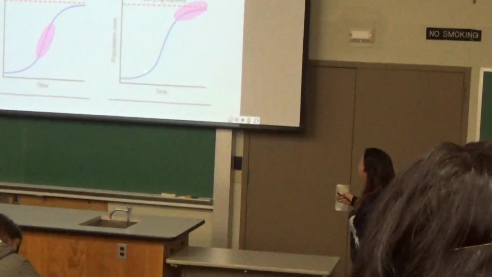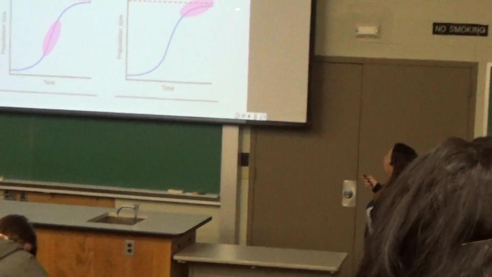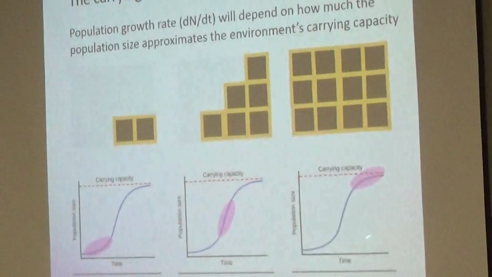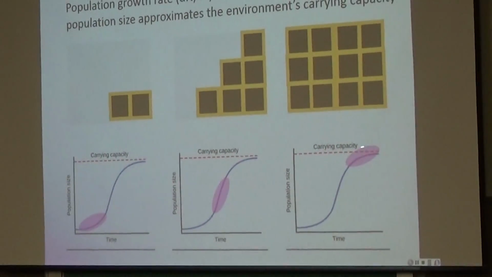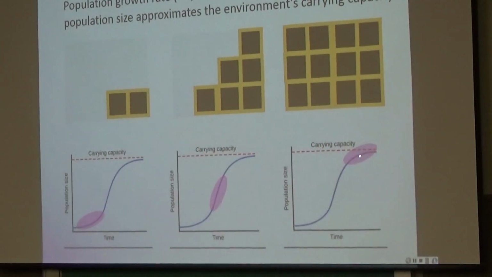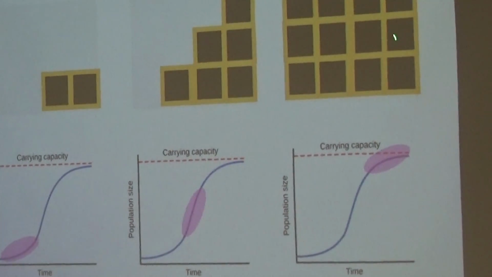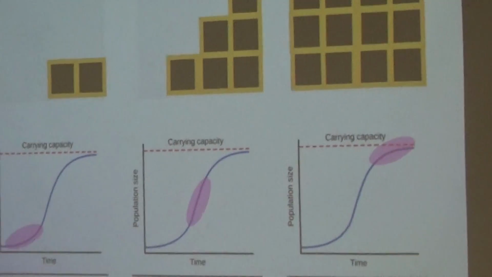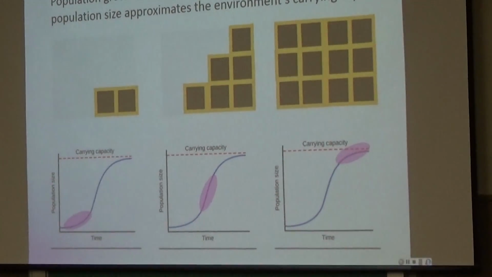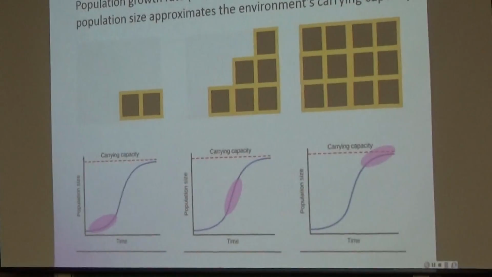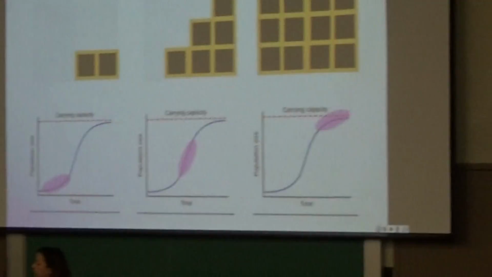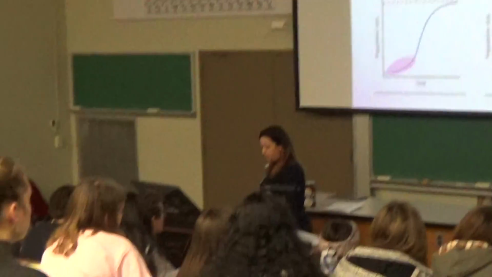Then you can see this growth tapering off very close to the carrying capacity. So if you look at the population size at the carrying capacity, you can imagine that individuals are filling all of the space that the environment has to offer. It's just an analogy that I think helps you understand visually what the carrying capacity means.